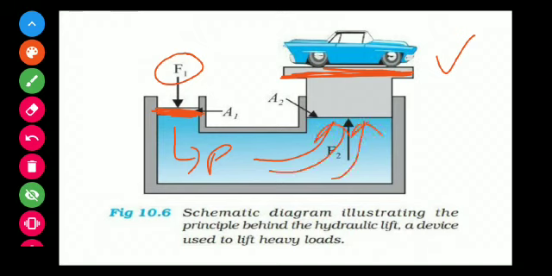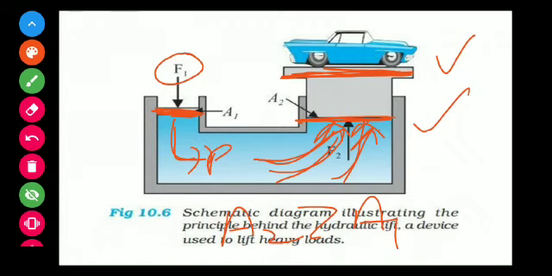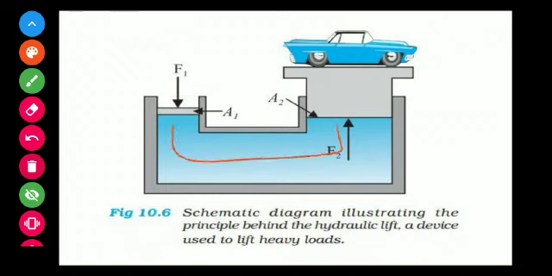So this pressure is transmitted to this piston with area A2, and area A2 is greater than A1. So this lift is based on the principle of Pascal law. There is a transmission of pressure, and due to this pressure we can lift a heavy vehicle and heavy load.